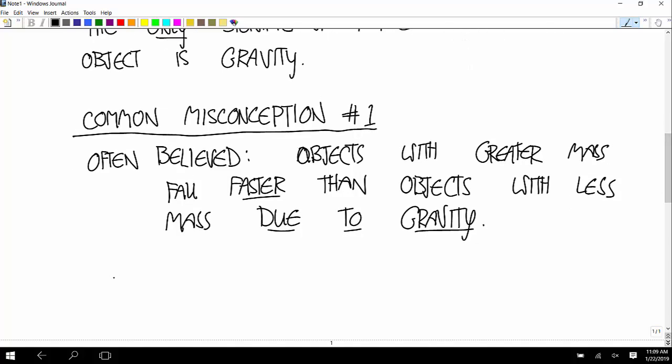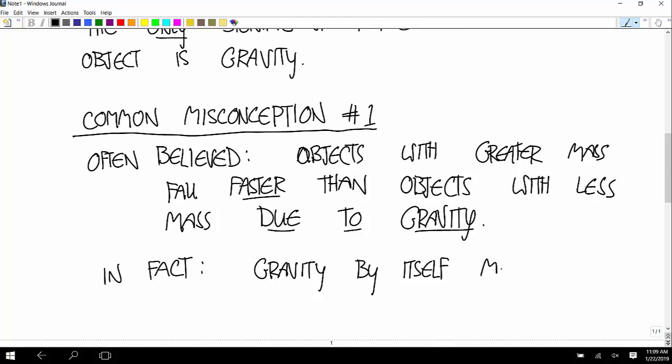Really, so in fact, gravity by itself makes all objects fall the same.